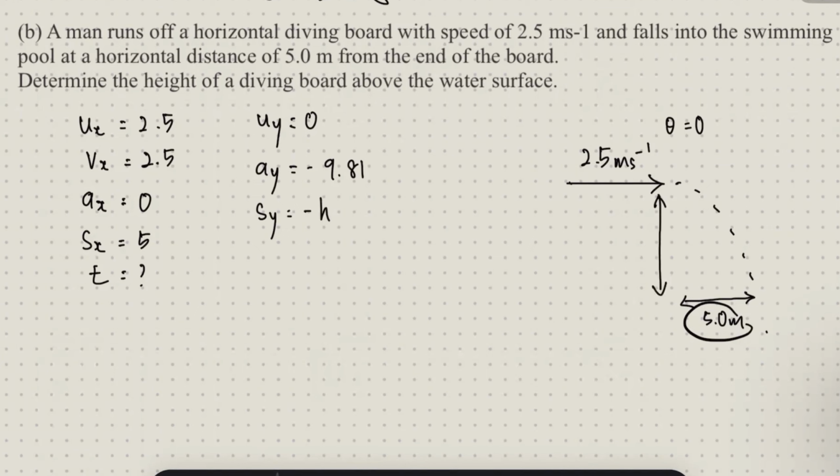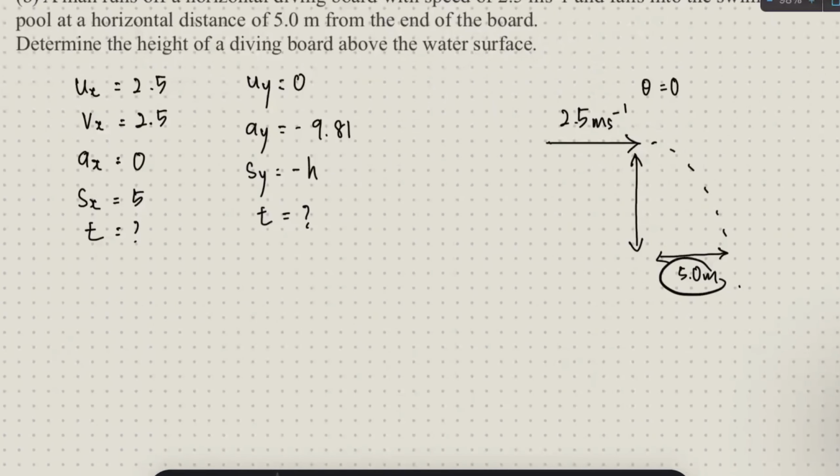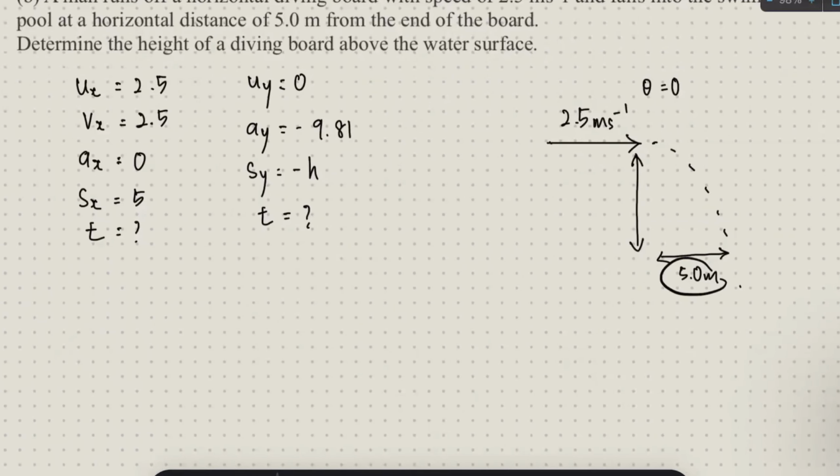And the value of h is what we are being asked, because the question asks us to determine the height of the diving board above the water surface. So later we have to find the value of h. And for t, we do not know it also. And velocity is not relevant for this question, so we do not have to find it out.